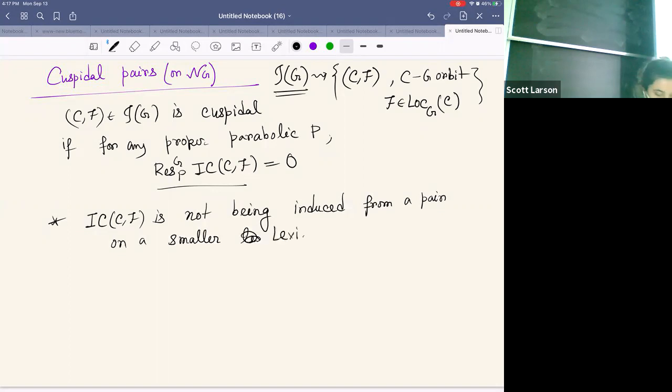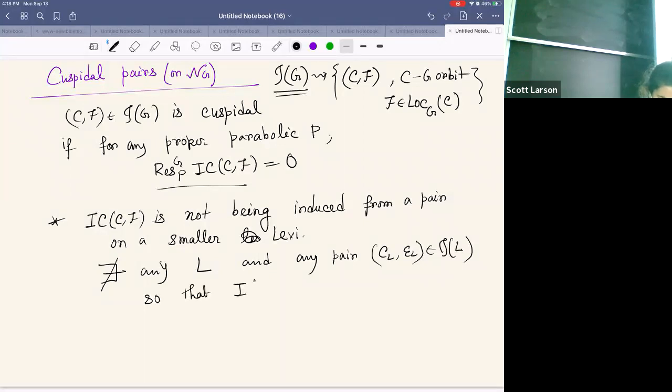Levi. What does it mean? That there does not exist any Levi L and any pair, let's say (C_L, F_L) on this set, so that the induction, with L contained in a parabolic, of IC(C_L, F_L) gives me back this IC of (C, F).